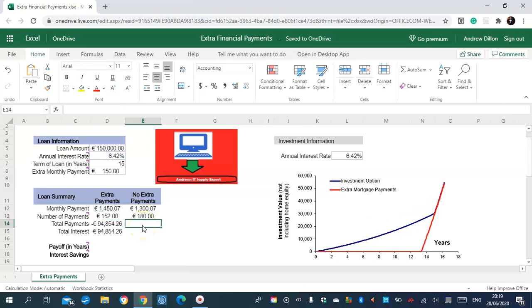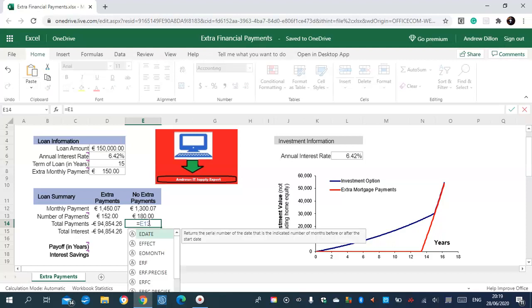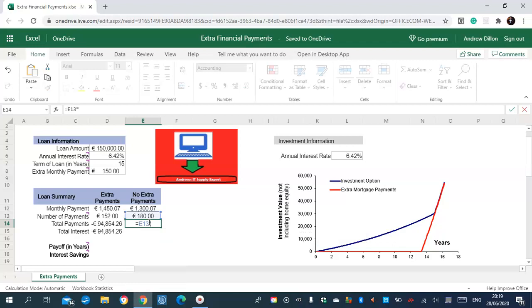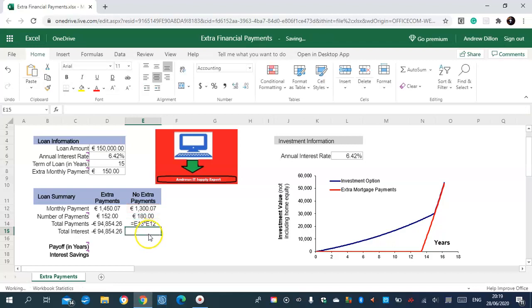Okay, next one is the total payments, which is multiplied by the number of payments and monthly payments. Okay, now to calculate the total interest.